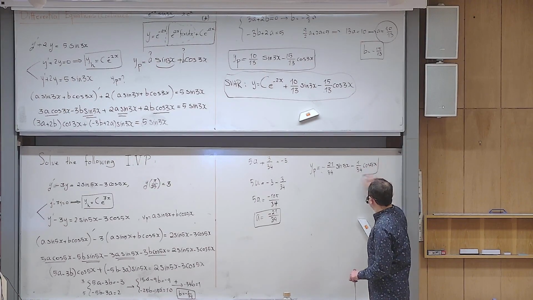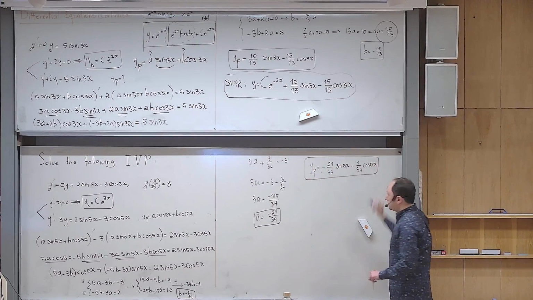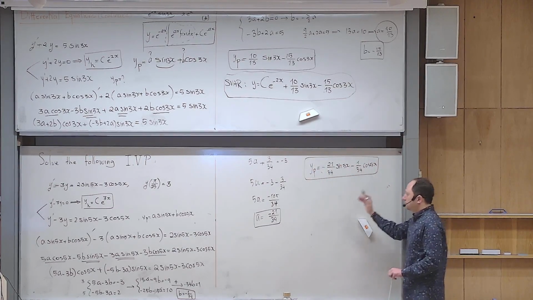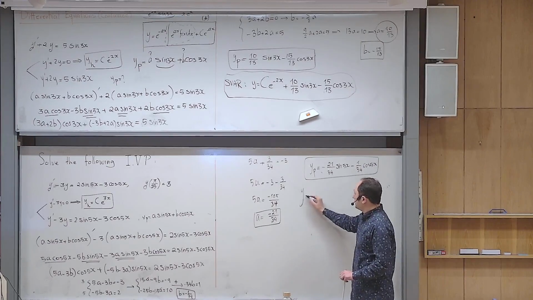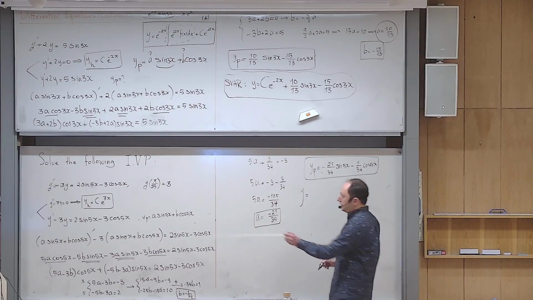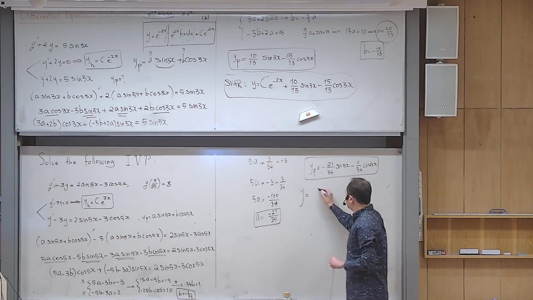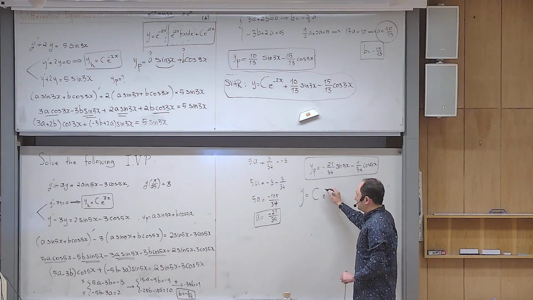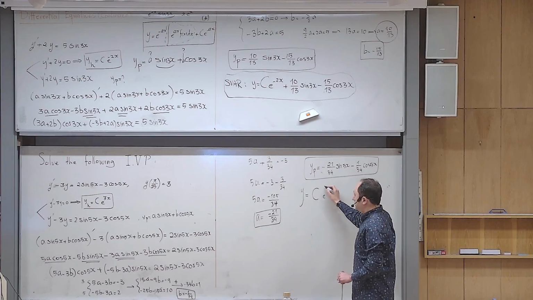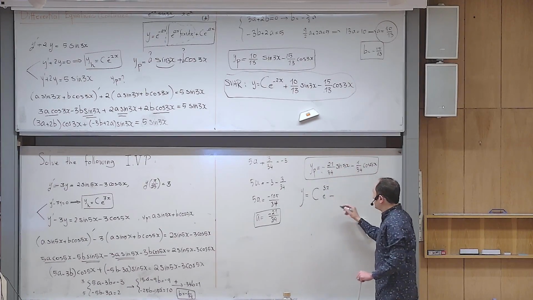So that is my general solution. Oh, sorry, my particular solution. So the general solution is yh, you see here. I actually gave you a very stupid number anyway. So c e to the power of 3x, and then plus my particular solution.